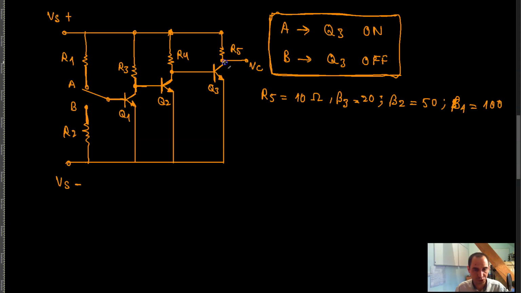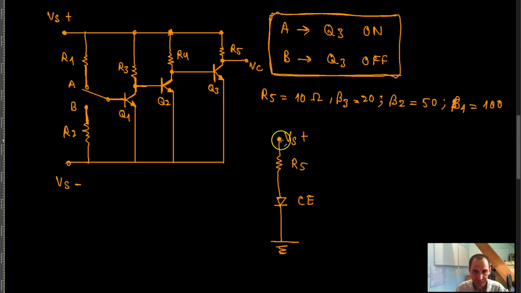For this, you can see that this power supply comes all the way up to here, and then it goes through R5, and then the collector emitter junction of the transistor, and then it goes to ground. This is V of S positive. This is R5, and this is the collector emitter junction of the transistor, right?